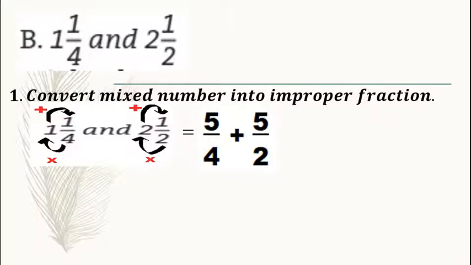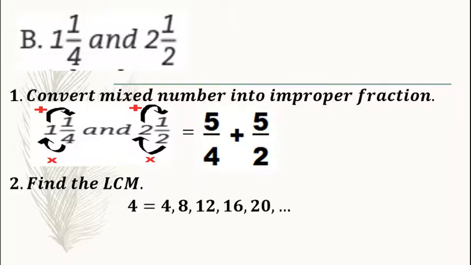Can we add directly? No, because they have different denominators; we call them unlike fractions. So we go back to finding the least common multiple. What are the multiples of 4?